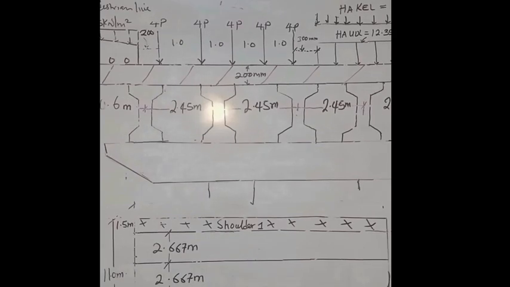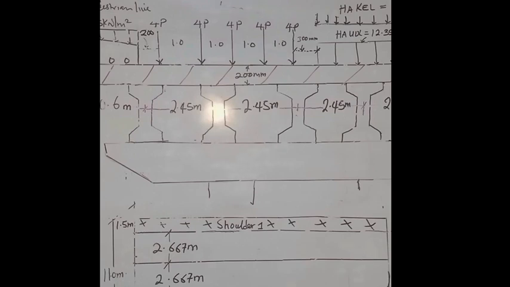All right, having calculated the HA load and the HB load on the deck, we've now been able to draw the cross section of the bridge. We have 5 concrete I girders spaced at 2.45 meters respectively, and we have the cantilever of 0.6 meter on both sides.